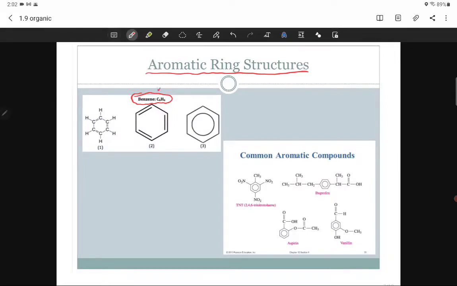Benzene has 6 carbons and 6 hydrogens. For this to work out, that's how you would draw it. The problem is that takes a lot of work to draw. So organic chemists don't like to draw all that out because sometimes there's multiple of these rings in a molecule. So they shorten it as much as they can.